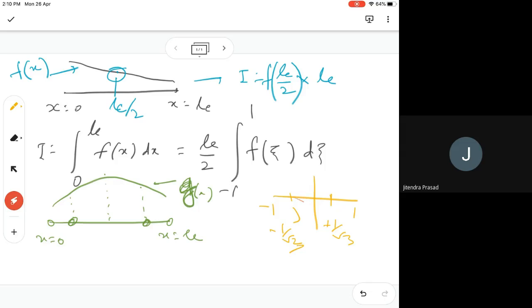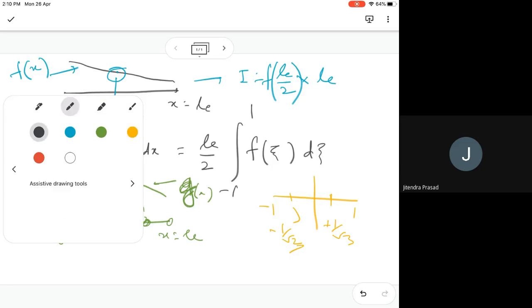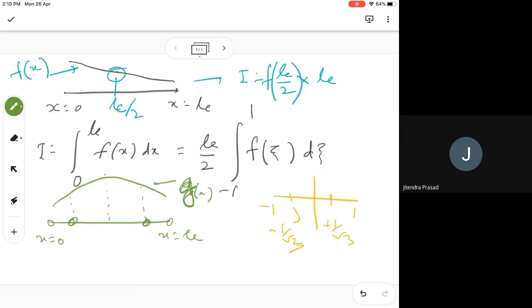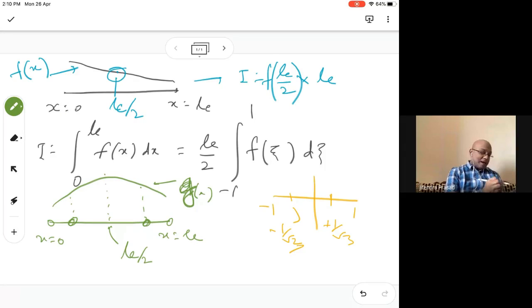In this case, you first have to find out what the value is here. Here it is LE over 2, and the distance from here to here is LE over 2. So our Gauss point will be from here to here.